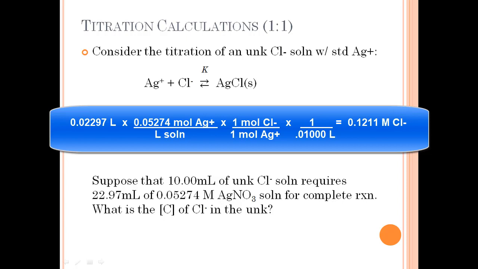In essence, that is the moles of silver, and I know that I have a 1-to-1 molar ratio of silver to chloride. So therefore, I take that and I divide it by 0.010 liters because that's how much volume of the chloride was used. If I do that, you should get 0.1211 molar.